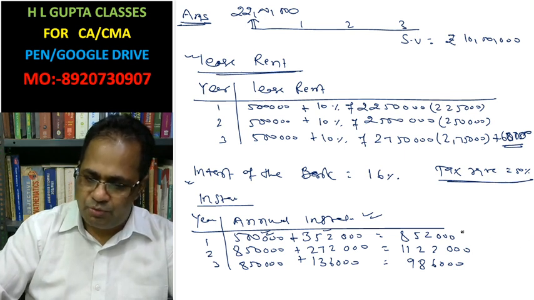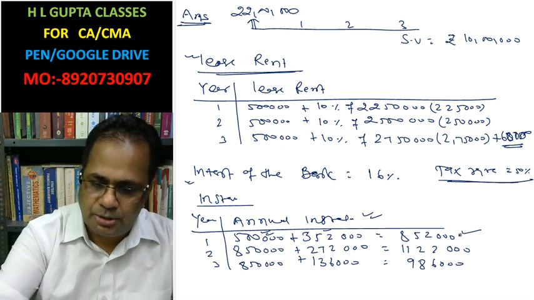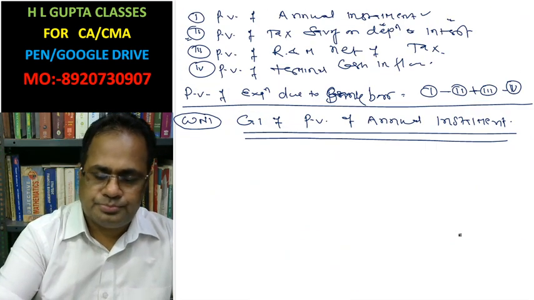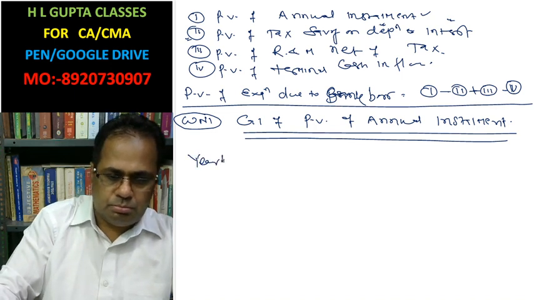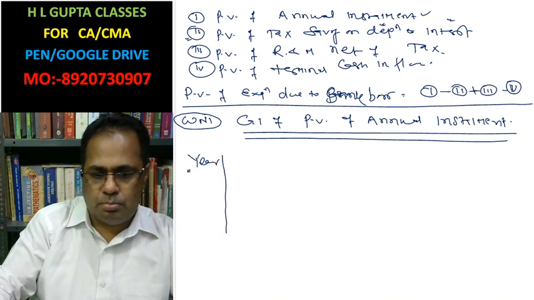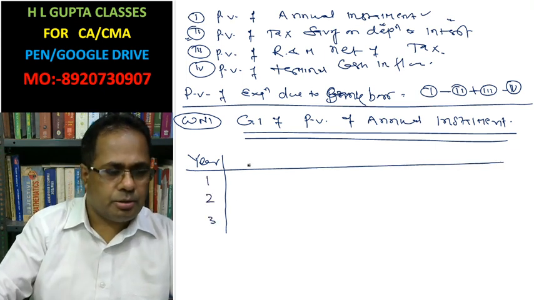8,52,000 is the annual installment for the first year. 11,22,000 is the second year. 9,86,000. You write here year: first year, second year, third year.